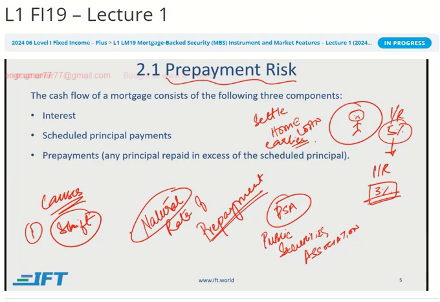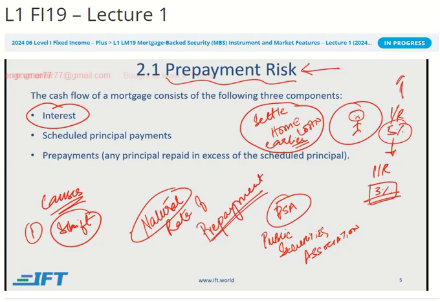And what happens is that if the interest rate is going down, then the prepayments are faster than the natural rate. That is what gives rise to prepayment risk. Prepayments are always there. It's just that more than expected. If the prepayments are there more than expected, that happens when the interest rate goes down.